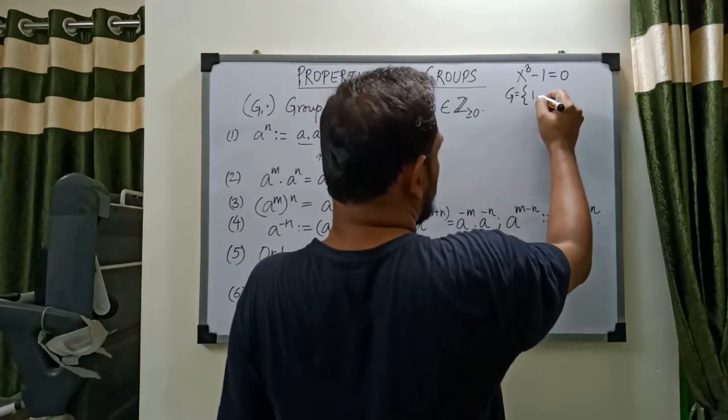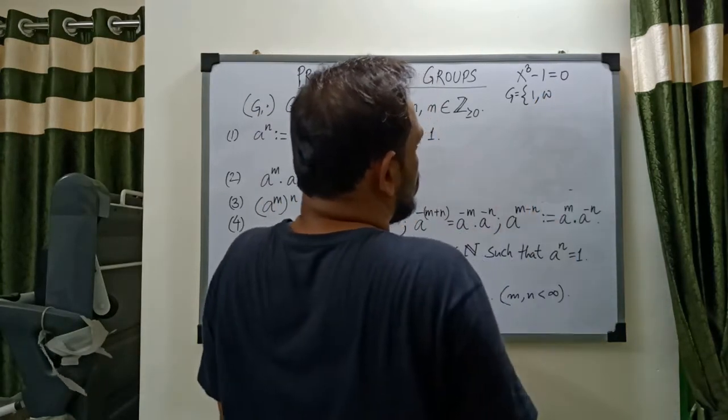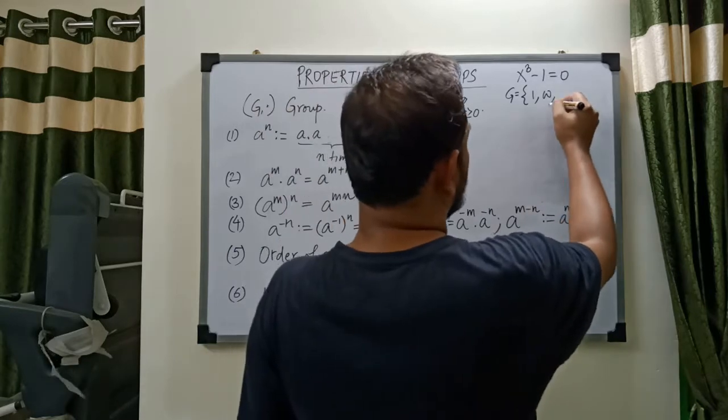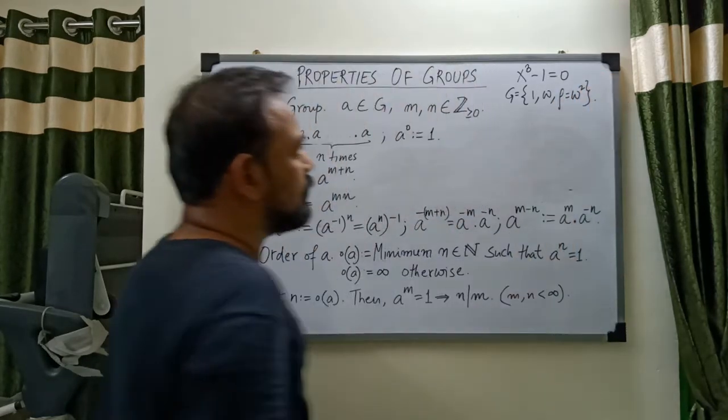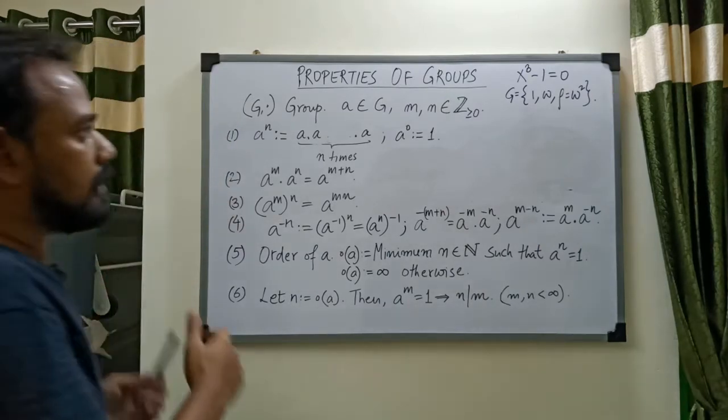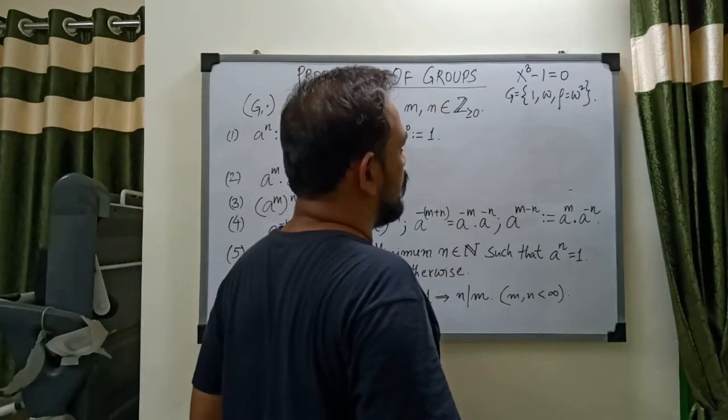The three roots that we found were 1, one we called omega, and the other one we called rho, but really it turned out to be omega square. And you can go back to the lecture where we had covered this.